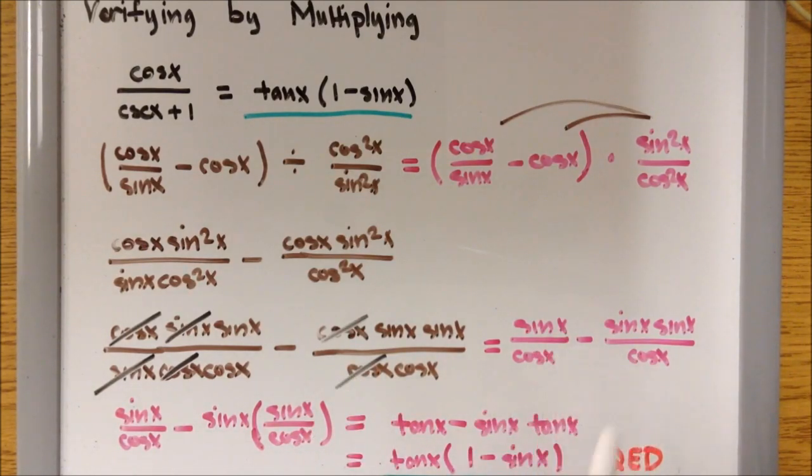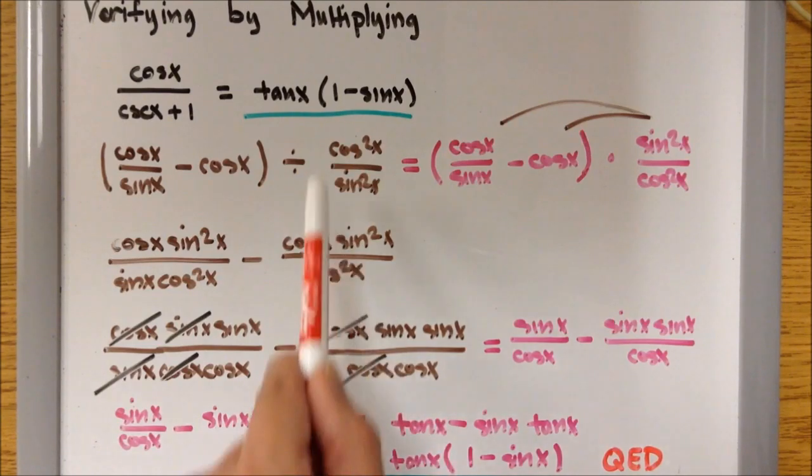So we have this left, factor out the sine x, and then I apply the quotient identity to get tangent x minus sine x tangent x, factor it out, and therefore the left side matches with the right side.